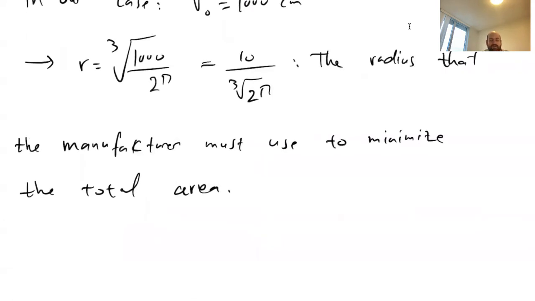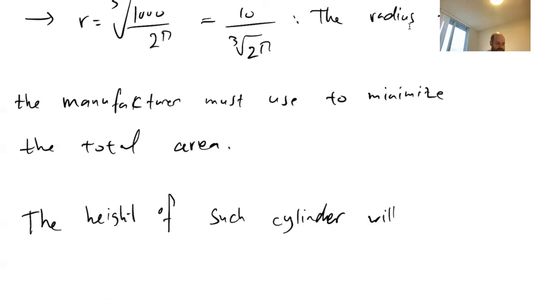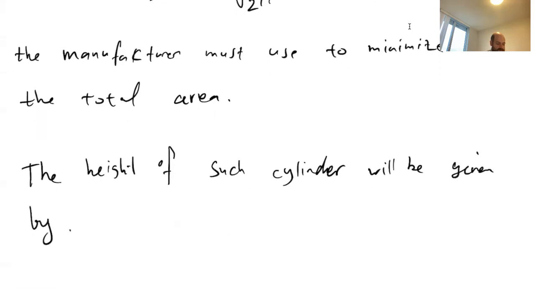And the question also asked about the height. It was asking find the height and radius of the can with the smallest material. So this is the radius, and therefore the height of such cylinder will be given by, what was H? It was V0 over pi R squared.